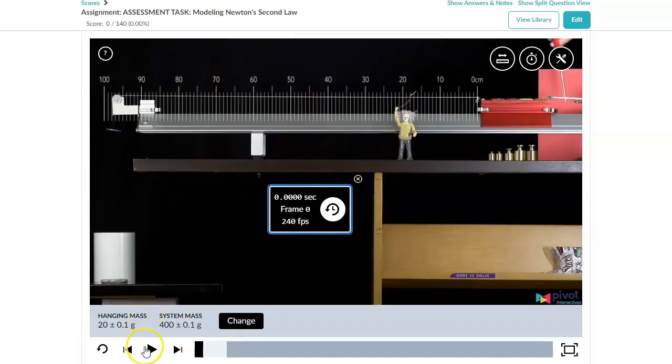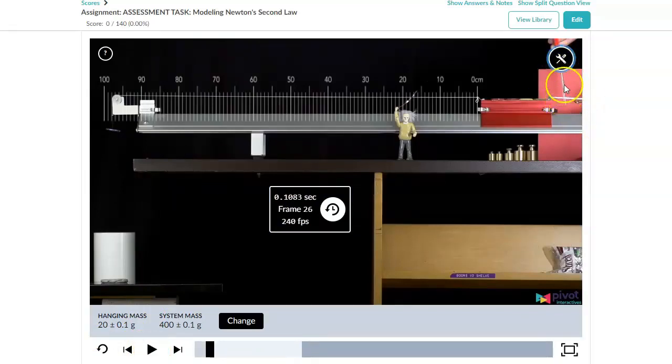So I'll just run it and show you, for example. Over here we have a ribbon and it's going to be cut with some scissors here. So we don't start timing until the ribbon's cut. And there it is. Okay, so I can use these tools to just back it up to that point where the ribbon just breaks.